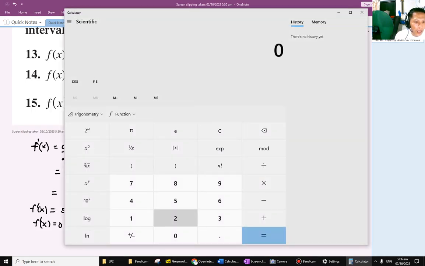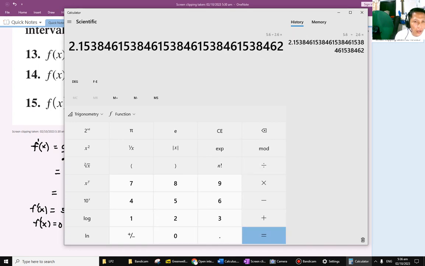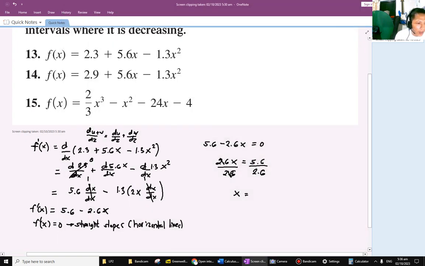So you have 5.6 divided by 2.6, so that would be equal to 2.15. I guess I don't have any mistake.